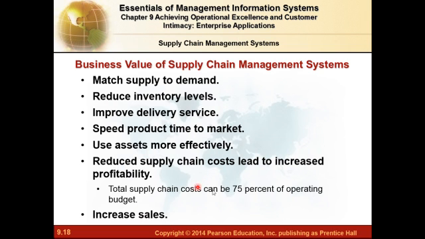The total supply chain cost can be 75% of the operating budget. A company can also increase sales by using the supply chain management system. By making the supply chain more efficient, a company can save millions of dollars, improve its relationship with its customers, and sell more products.